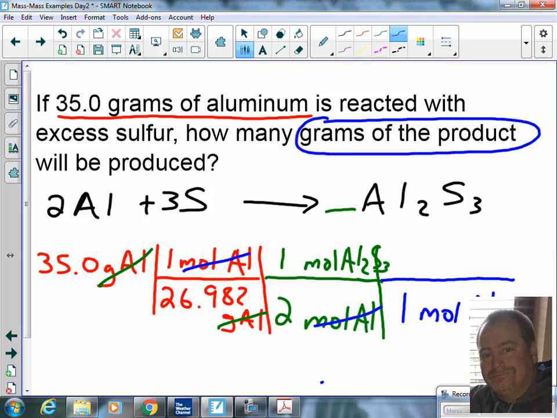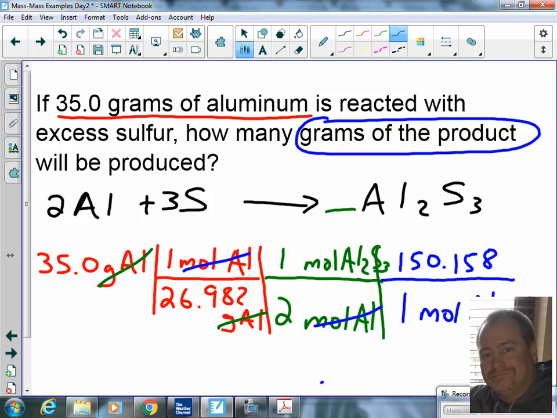One mole of aluminum sulfide. What's going to go on the top? The molar mass, which was what, Maddie? 150.158.